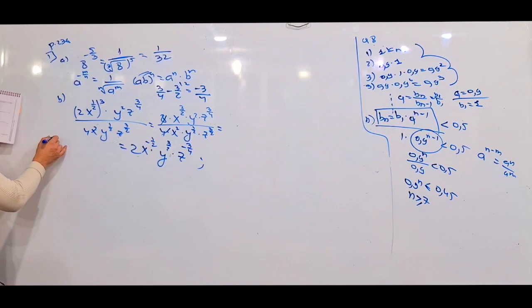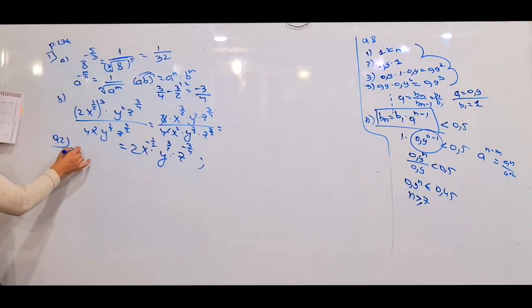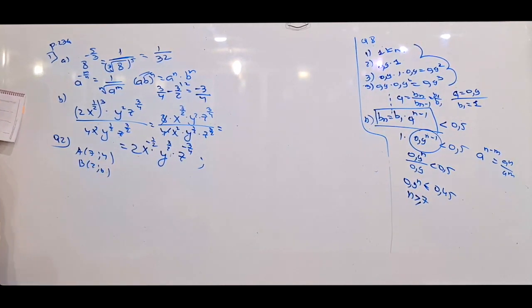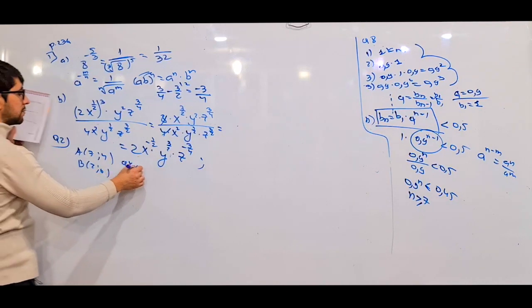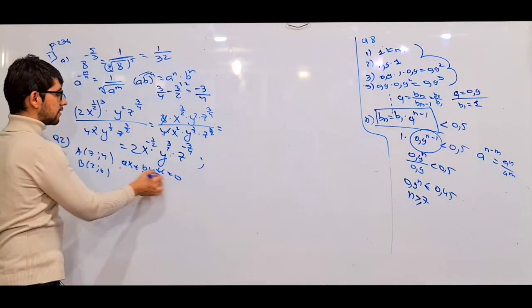Then, question 2. Find an equation of the line joining A(7, 4) and B(2, 0). Giving your answer in the form ax plus by plus c equals to 0, where a and b and c are integers.